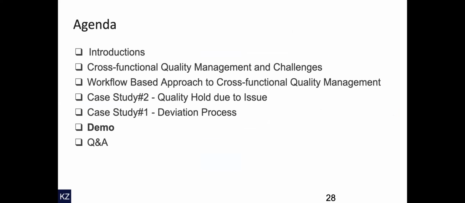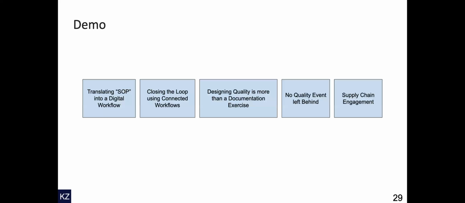So with that, what we are going to do in the next part is do a demonstration of the solution itself. And during this demonstration, we'll cover a number of aspects of it, which is, how do you take a traditional process, we can call it SOP, for example, and turn it into a digital workflow. What does that entail? And how you can use connected workflows to close the loop.